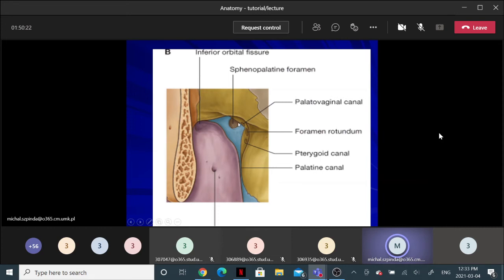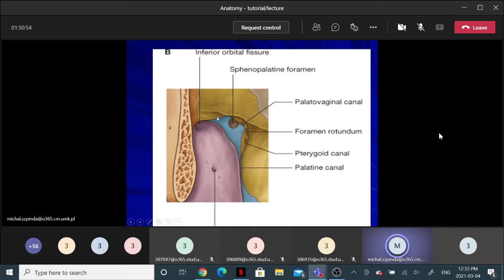So on the posterior wall of the pterygopalatine fossa, three openings are in the vicinity from superior to inferior: palatovaginal canal, which is synonymous to pharyngeal canal, foramen rotundum, and pterygoid canal.